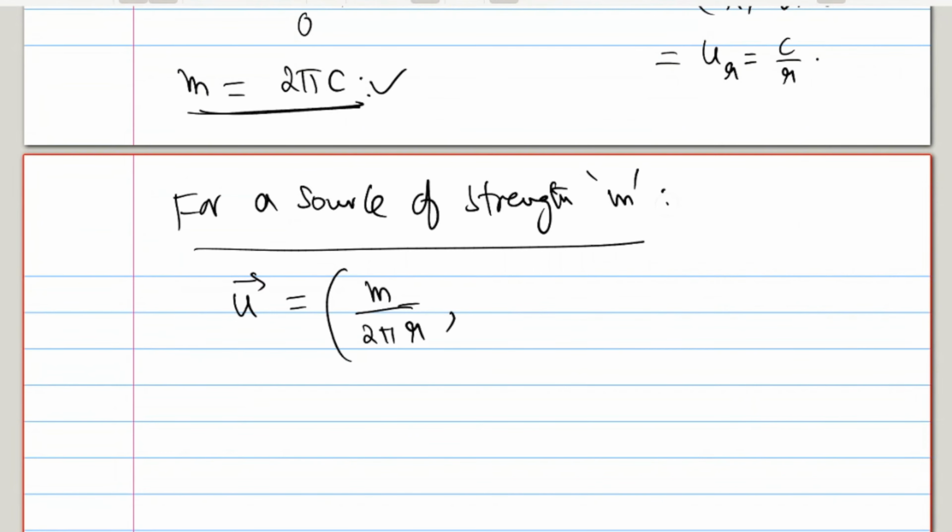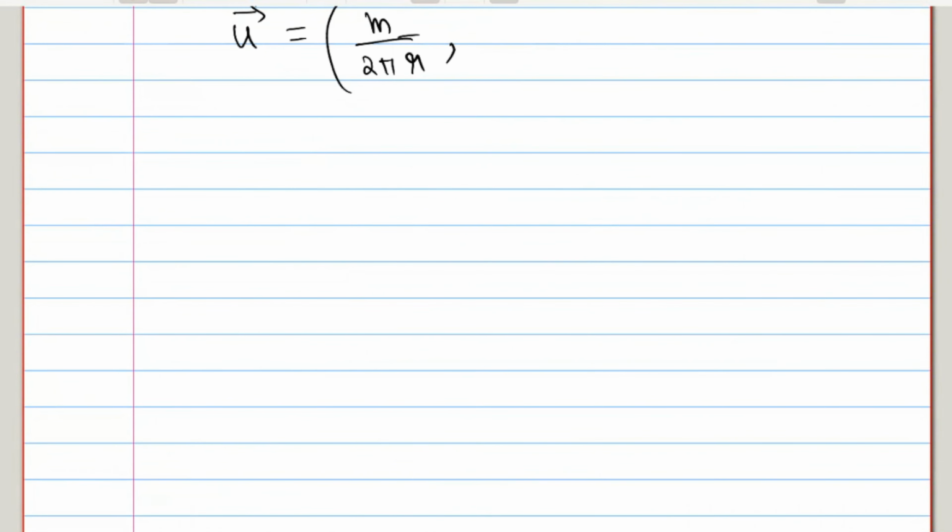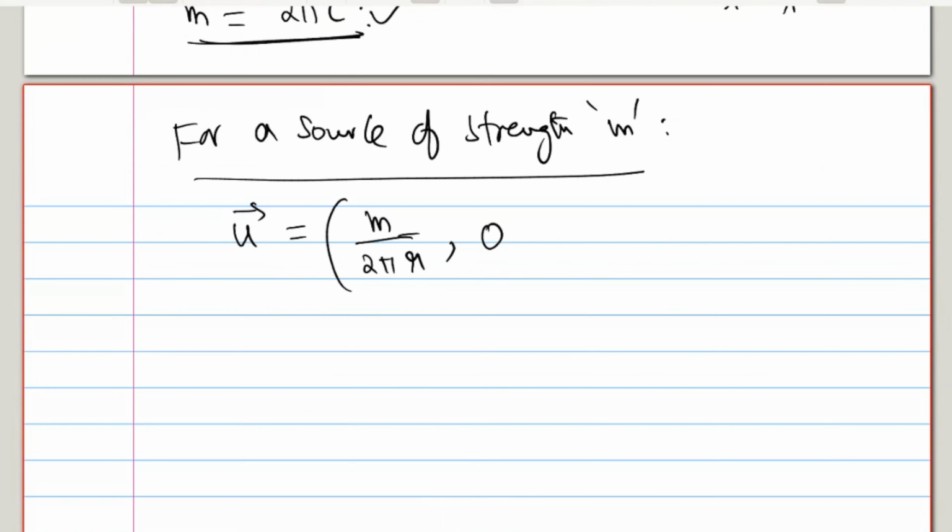And then what is the other one? U theta is 0 anyway. This is your velocity for the source of strength M: M divided by 2 pi r times r cap.